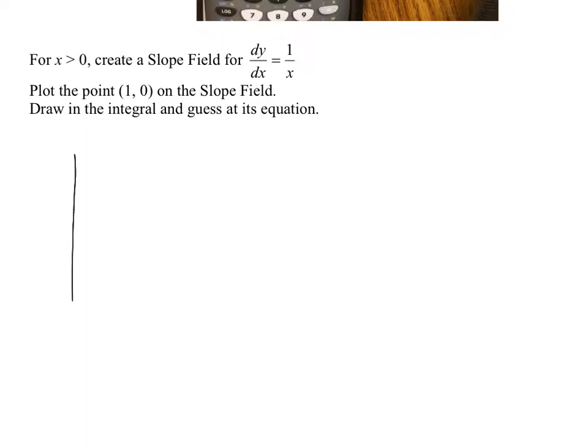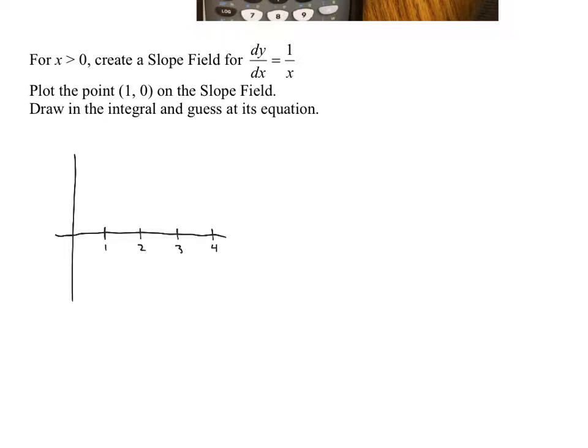So I'm going to draw just the first and fourth quadrants because it said for x greater than 0. And I'll put x equals 1, 2, 3, 4 here. So let's come up with a slope field.